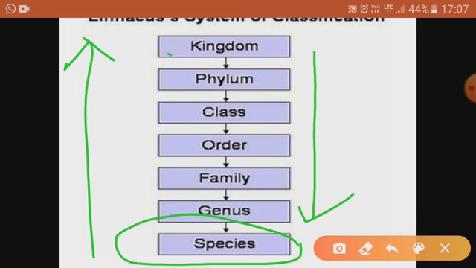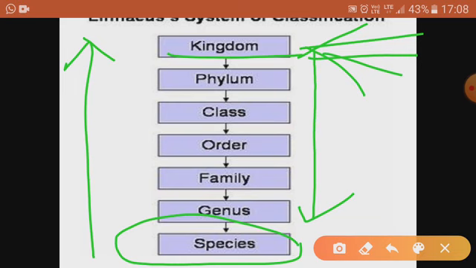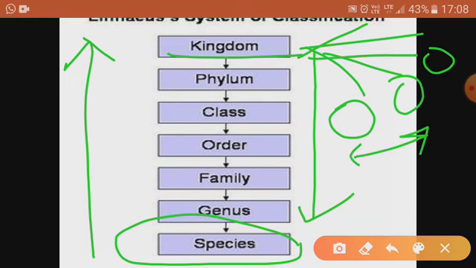If it is kingdom, for example, there are 5 kingdoms in the living world. This is one group, second group, third group, fourth group, 5 kingdoms in all. So here there will be more dissimilarity among the organisms.